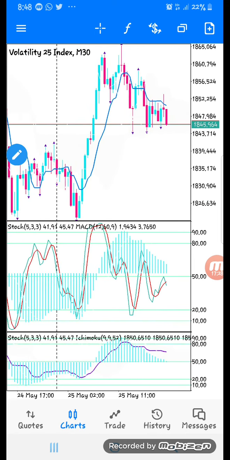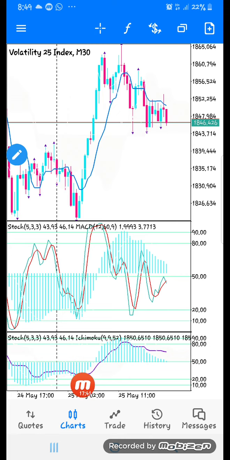And another thing, I showed you about 2 or 3 ways to enter a trade. The first one is Ichimoku at indicator window 1 and indicator window 2, at a level below 20, or in between level 20 and level 10, and then the Ichimoku has given you a flat line.